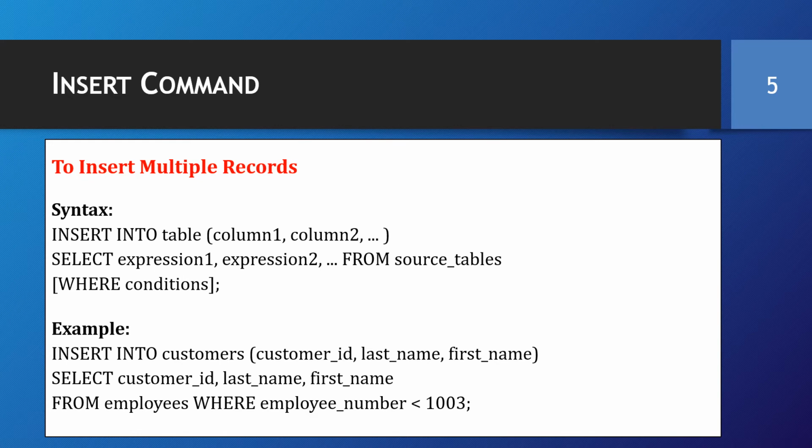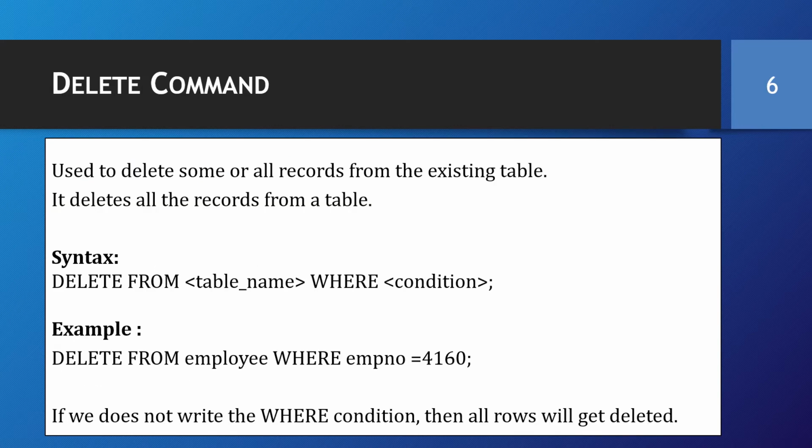Now let us look into the second command, that is the delete command. It is used to delete some or all records from the existing table. The syntax is delete from table name where condition. Delete from employee where employee number is equal to 4160. Delete from employee where employee name is equal to Deepa.